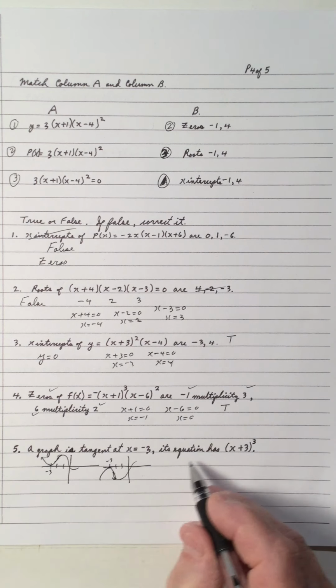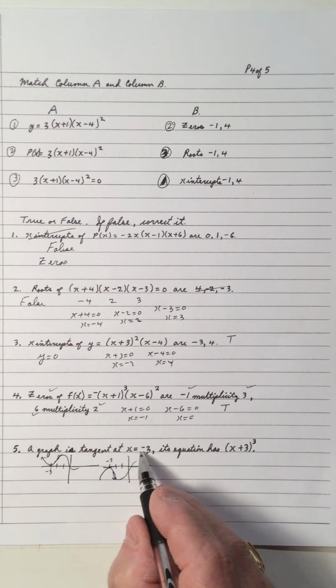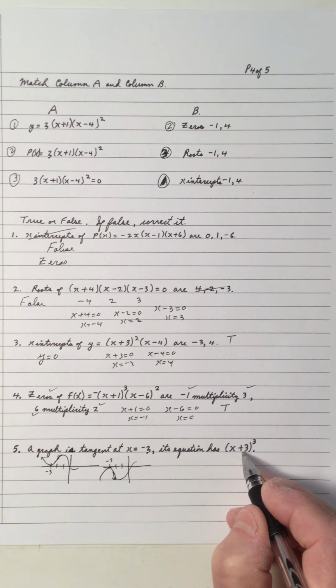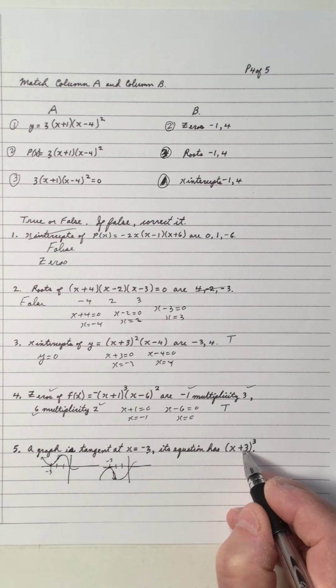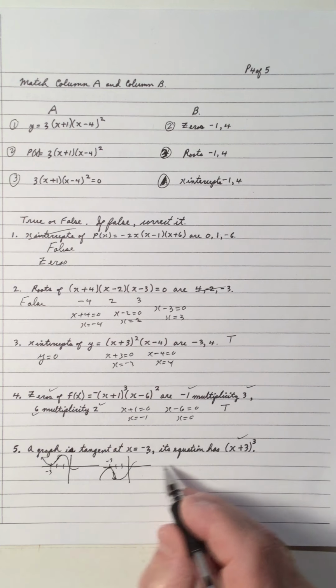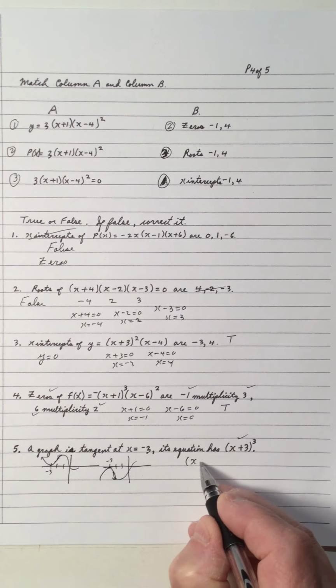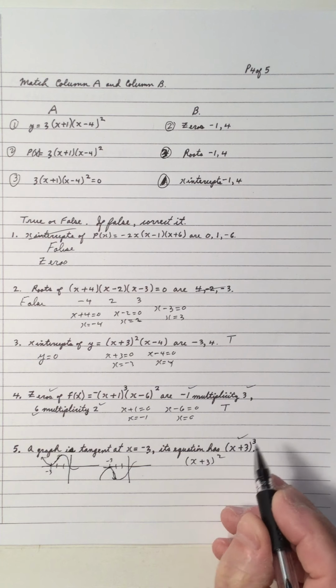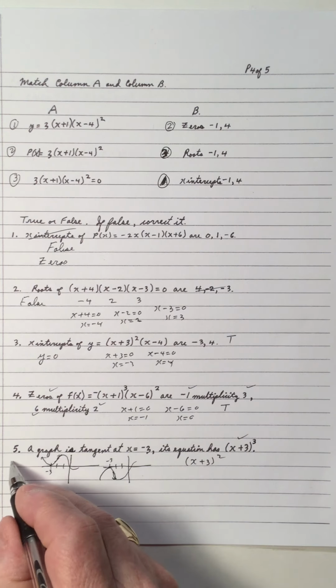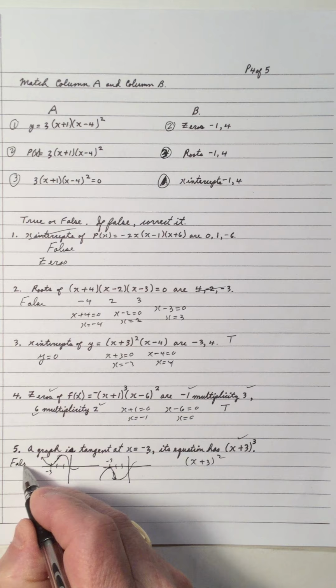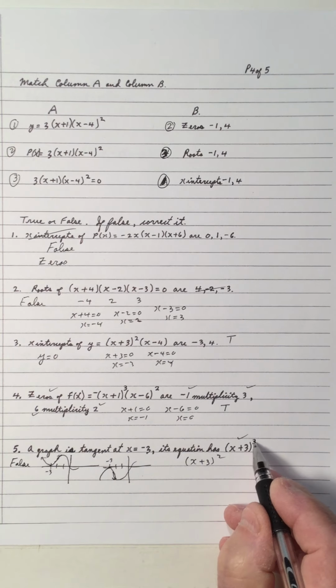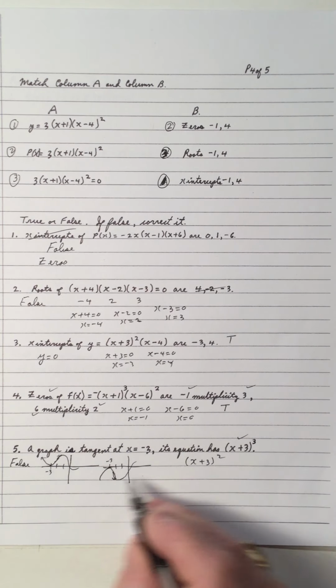So if that's tangent at x minus 3, this is an x plus 3. That's correct, it's the opposite. But because it's tangent, it's going to be (x plus 3) squared. So it's a false statement, and we corrected it by making the cube a square because it's tangent.